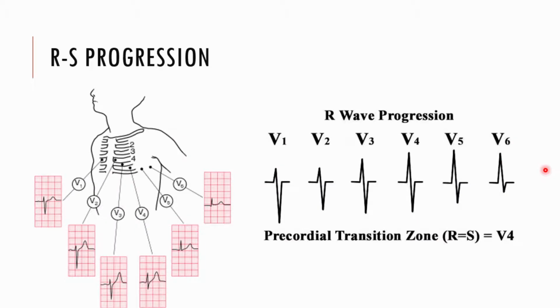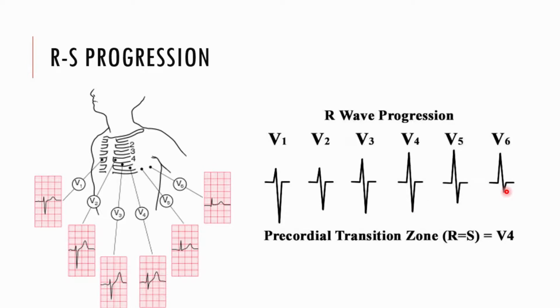So progressively, as you move from leads V1 to V6, the amplitude of the R wave progressively increases and becomes more positive, whilst the amplitude of the S wave progressively decreases.